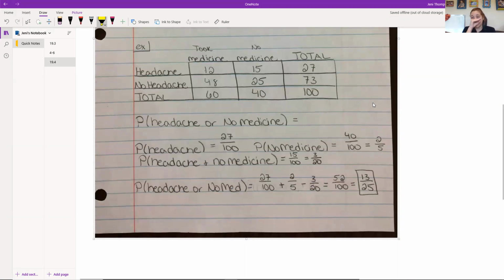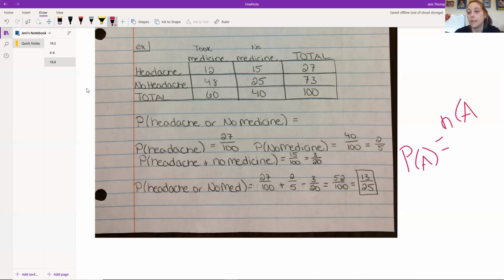Most of your homework is just tables, which is super convenient. Remember, our formula for probability is the number of possible outcomes in the event over all possible outcomes, right?